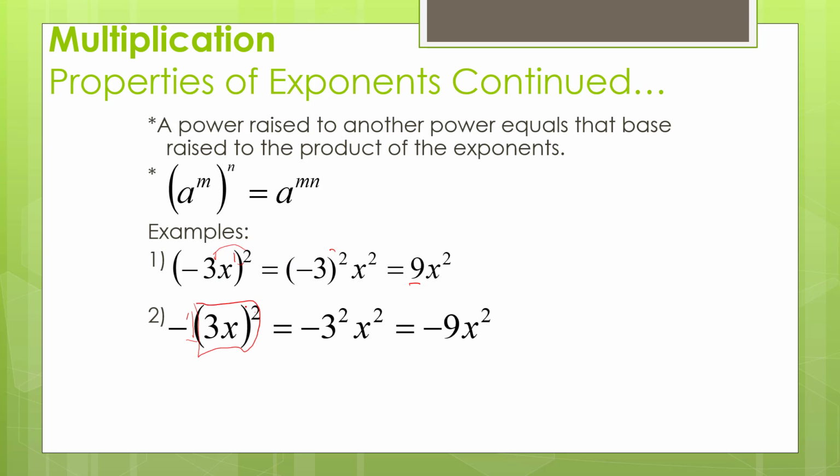Well, here we'll see that we have a 3 to the first power times x to the first power. And so we want to first apply our power rule. Power to power would be 1 times 2 is 2. 1 times 2 is 2. And now we can see I have negative 3 squared times x squared. Okay, but Mr. Gable, why do you have a negative 9? I thought we just said that negative 3 squared was 9.